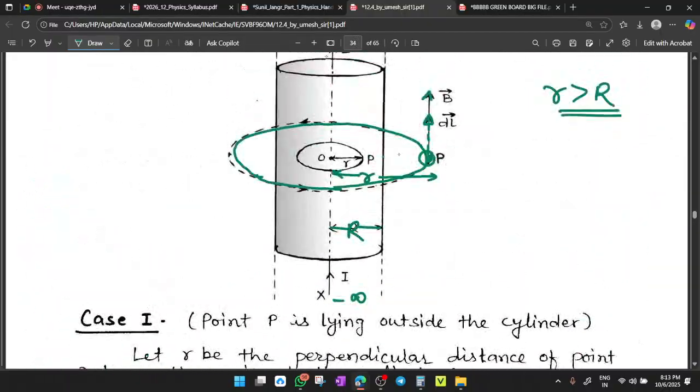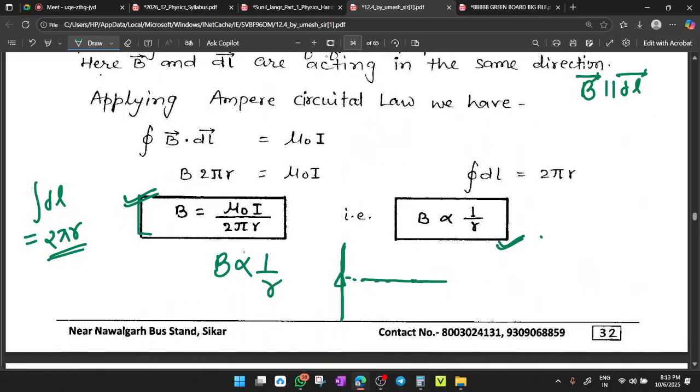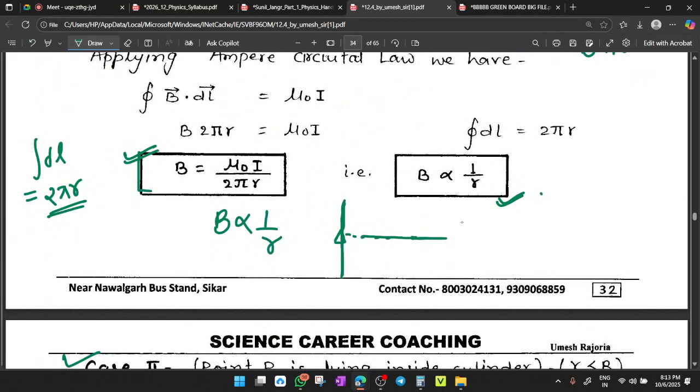So I have to take the case first when small r is equal to R. Okay, small r equals R. Case number two, I am deriving here, when small r equals R.